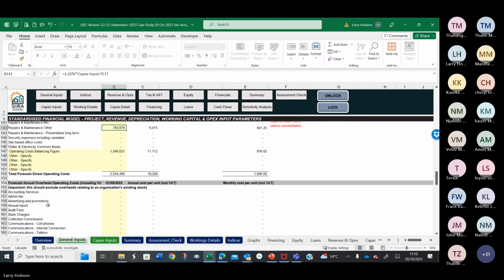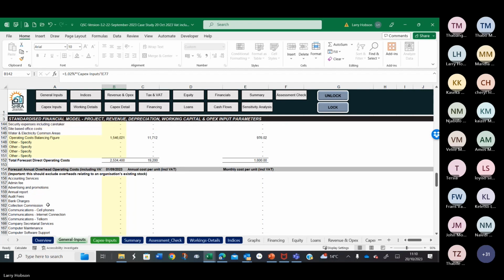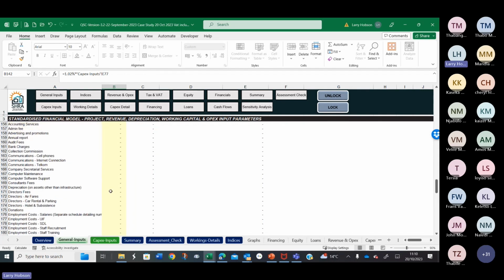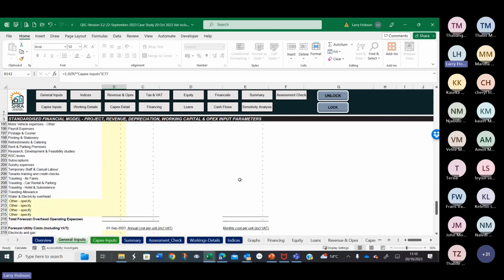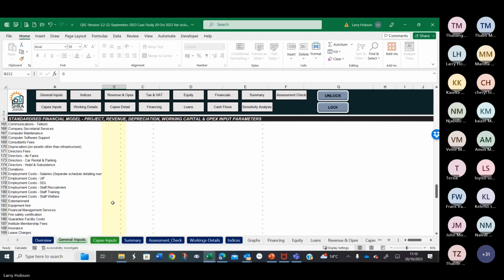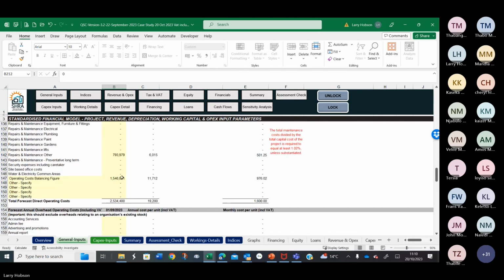I've just covered the overheads under that as well. If we wanted to be pedantic between splitting overheads and operating costs, we could do that.